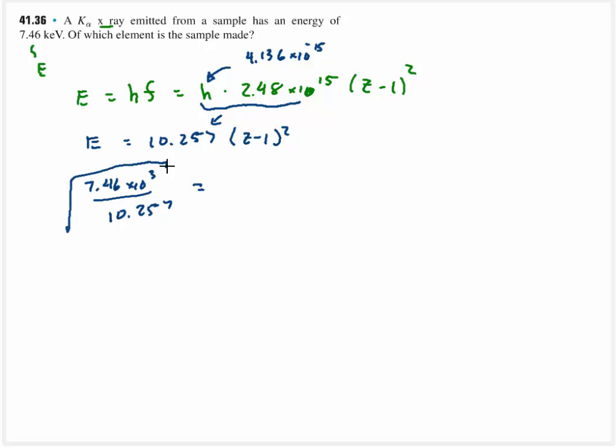Go ahead and take the square root of that, and that's equal to Z minus 1. So you solve this, and Z works out to be 28, and so this is most likely going to be nickel, which is atomic number 28.